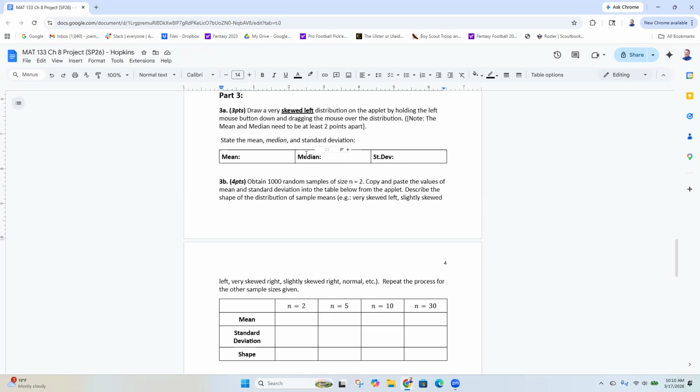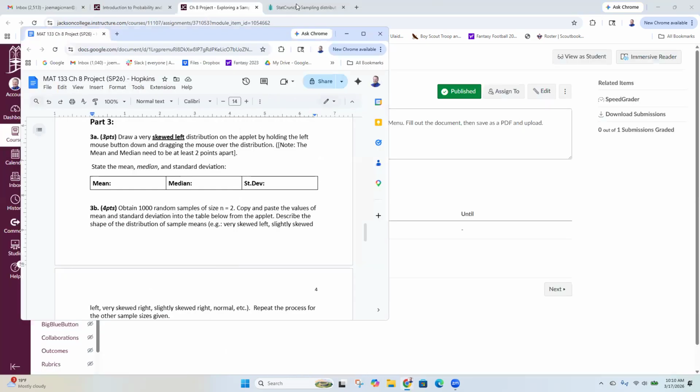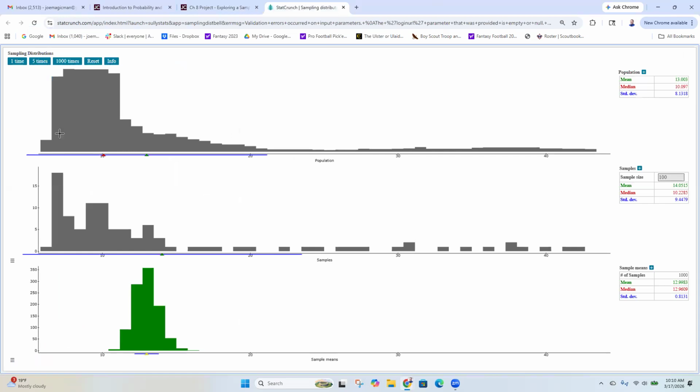Part three, I said this project's very redundant. Part three is exactly the same as part two, except instead of skewed right, we're going to do skewed left. But the steps are very much the same. So just trying to hammer home the point. So we'll come back over here. All right. So we need to draw a population that is skewed left.